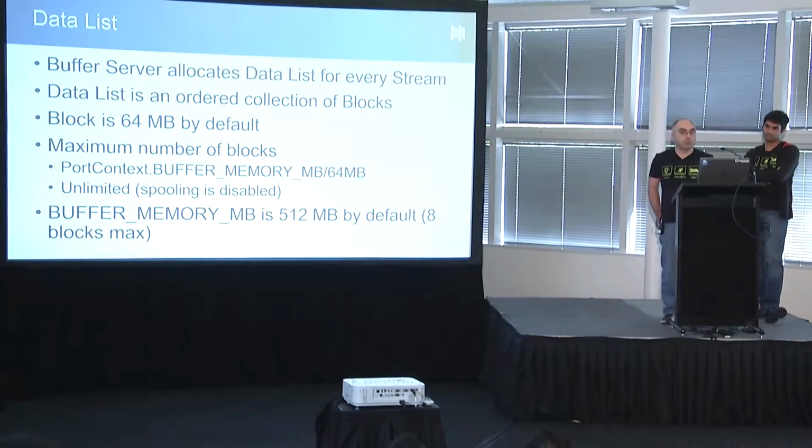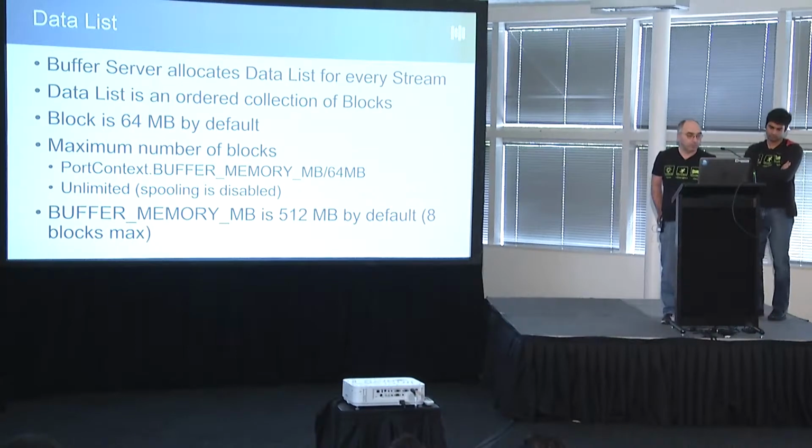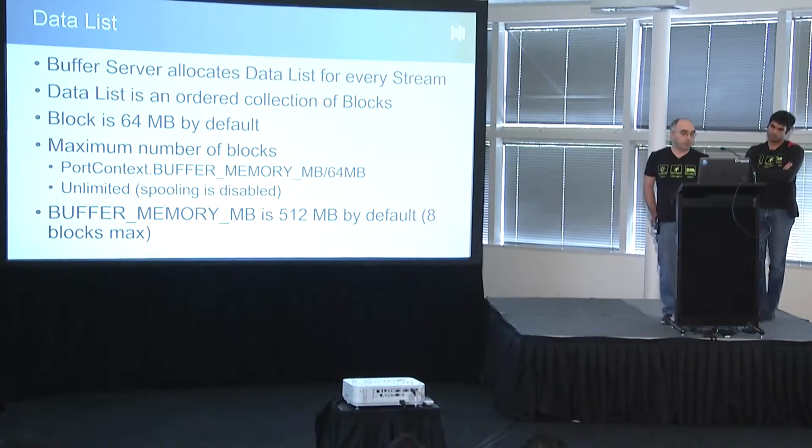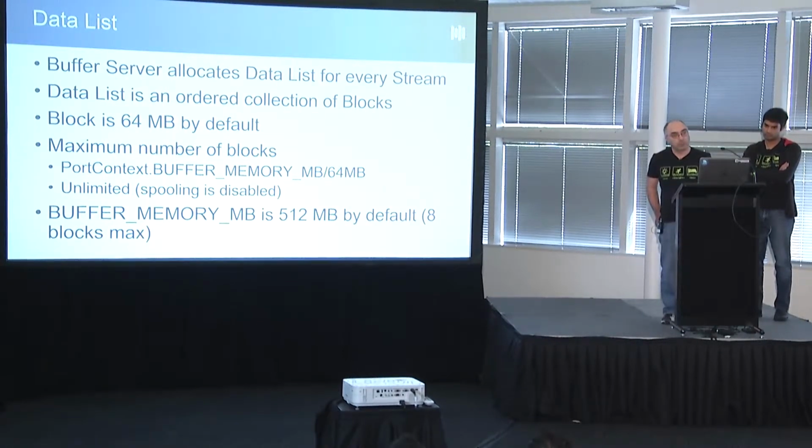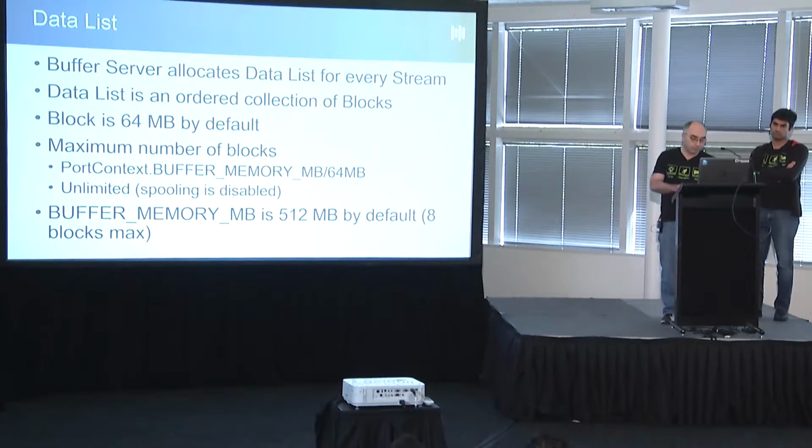In case spooling is enabled, meaning the buffer server will use local disk to spill over data, the number of blocks will be the amount of memory reserved for the buffer server divided by the block size. By default, the allocation is half a gigabyte reserved for the buffer server. This is done for every data list, so it's basically done for every port that the buffer server works with.